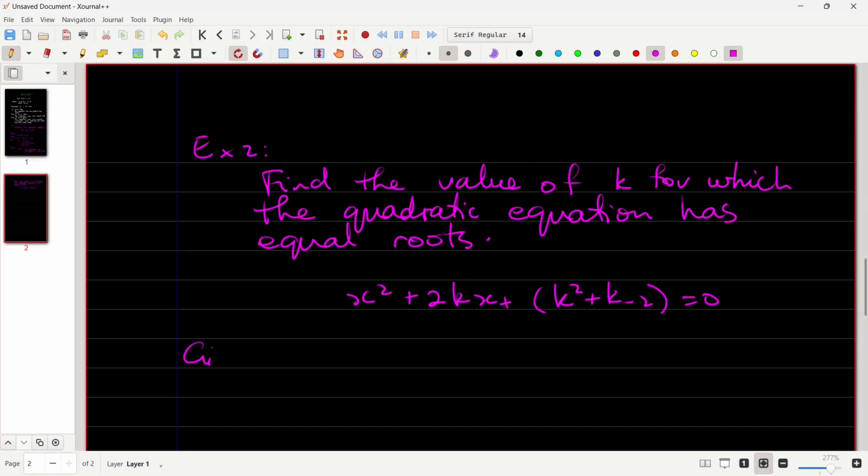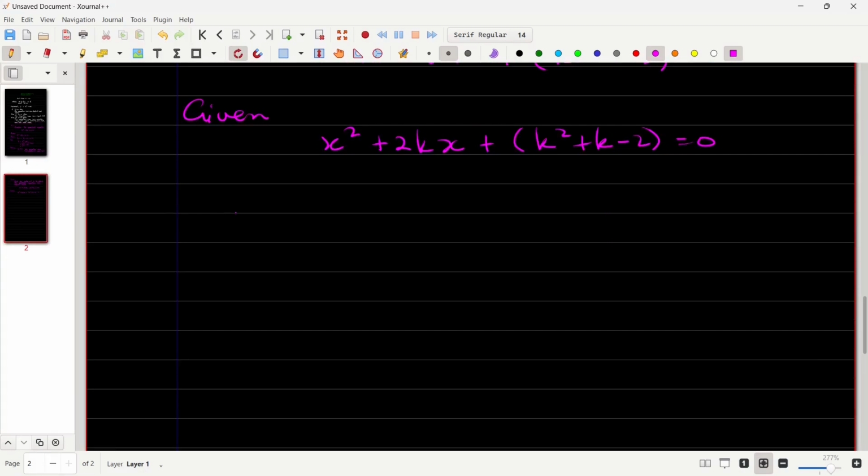Let's try another one. So we say, given that x squared plus 2kx plus, open bracket, k squared plus k minus 2, is equal to 0, then a would be equal to 1, b would be equal to 2k, and c would be equal to k squared plus k minus 2.